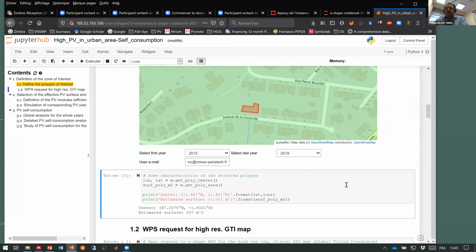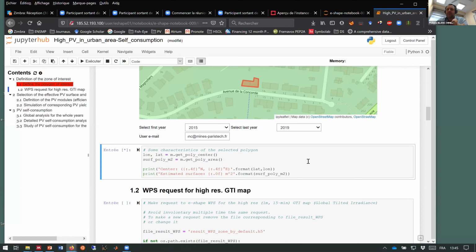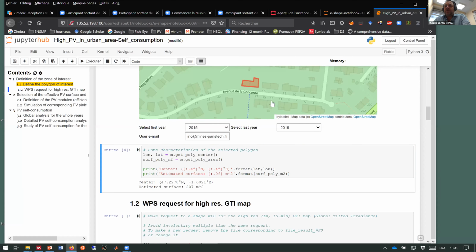So I can move and select the second cell. I've used a very convenient shortcut: instead of clicking this button, I can do control return. Okay, control return says that I have selected a 207 square meter polygon. So it's okay, it's below 1,000 square meters.